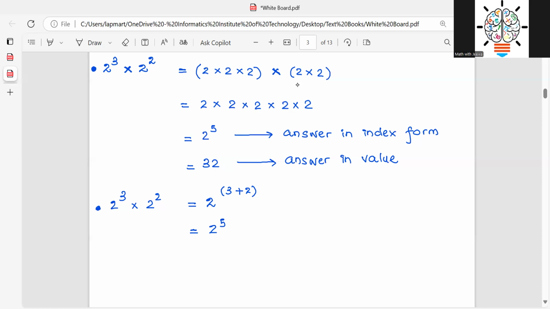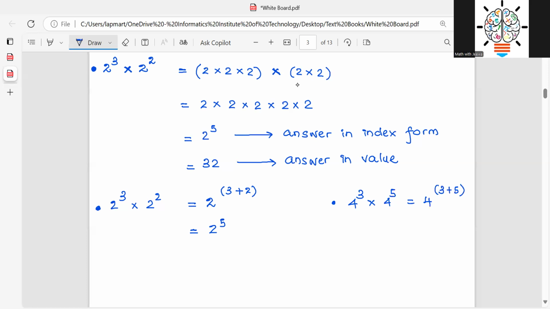Another example I will give you, if you have something like this, let's say 4 to the power of 3 multiplied by 4 to the power of 5. What you should do, you have the multiplication, you have the same base value. So then you write 4 to the power of 3 plus 5.